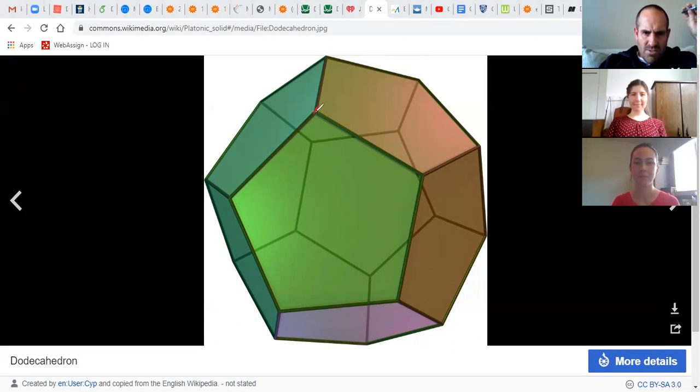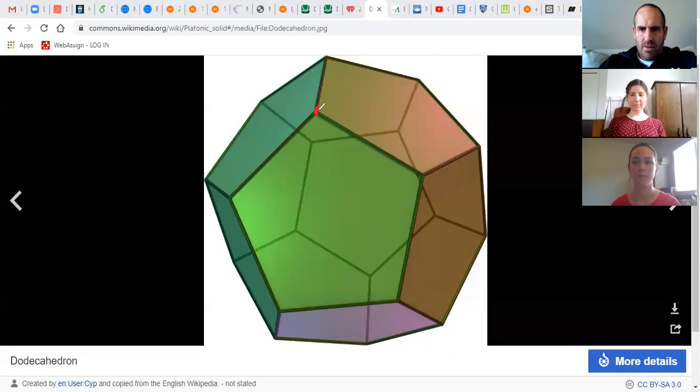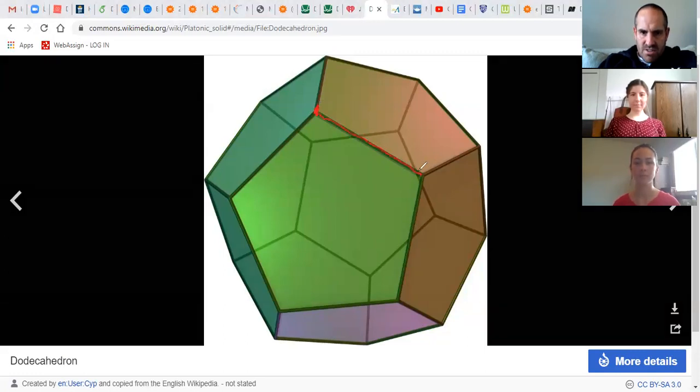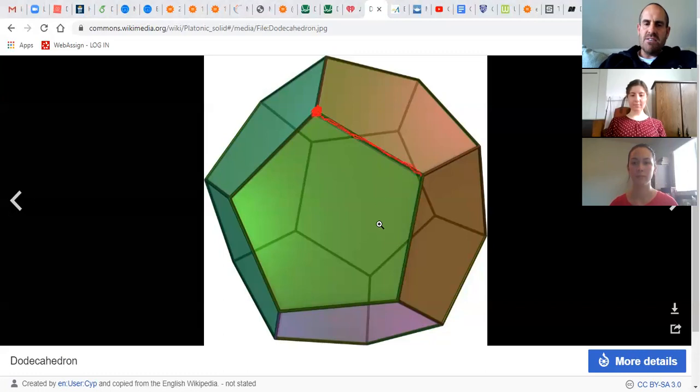Okay, so if you concentrate on this vertex right here, and maybe this edge. If I just fixate on this vertex and that edge, then I just have to think about possible destinations for that pair.